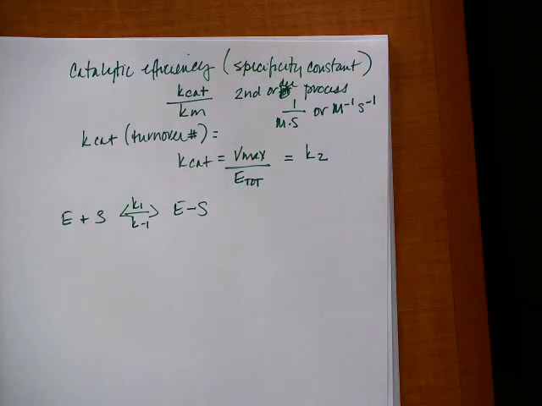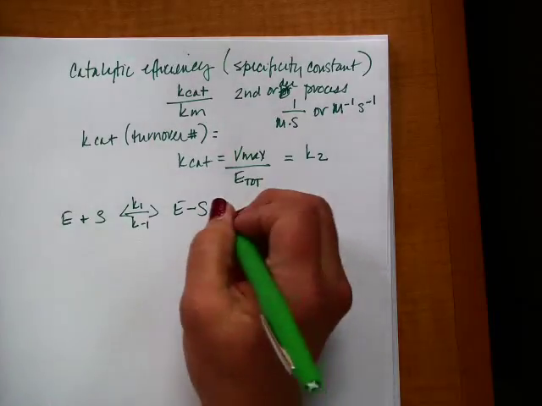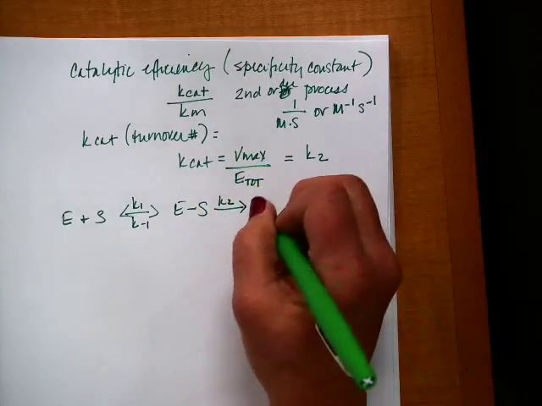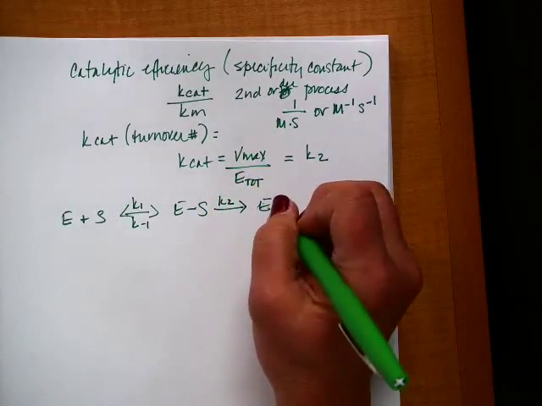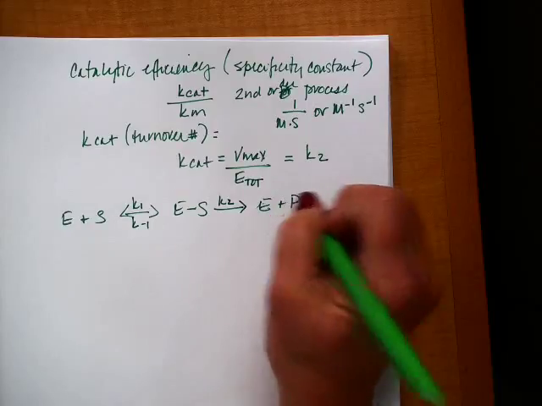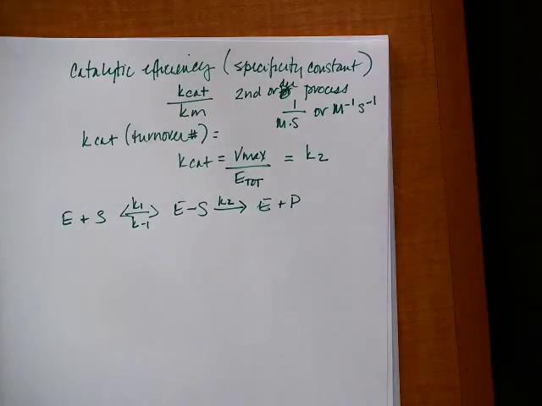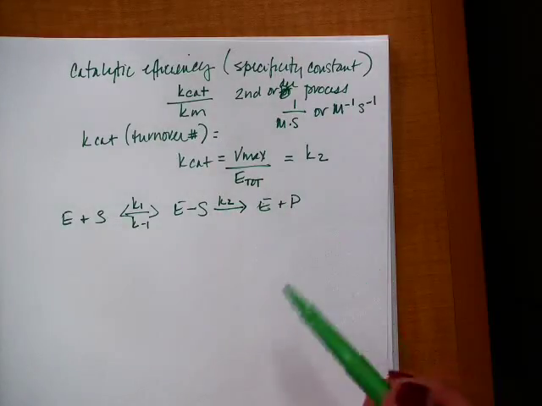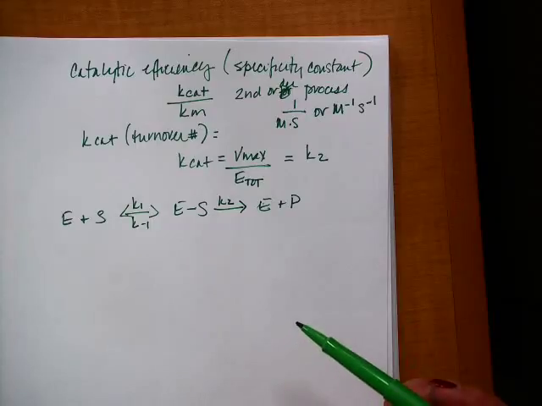So that substrate is off and on that enzyme. The k2 applies to when that enzyme actually converts substrate to product. So the turnover number, or the kcat, is also equal to k2.